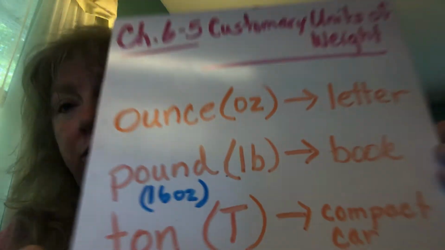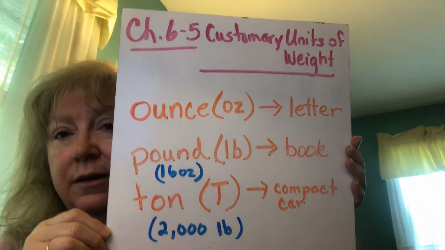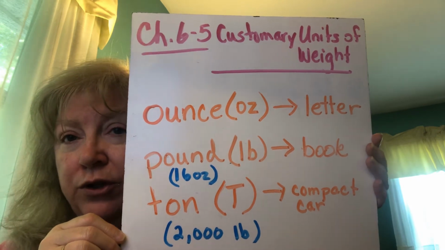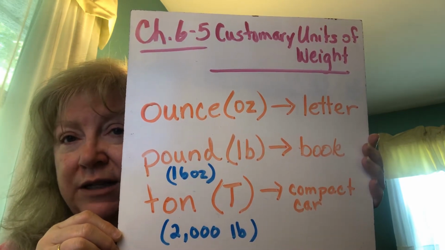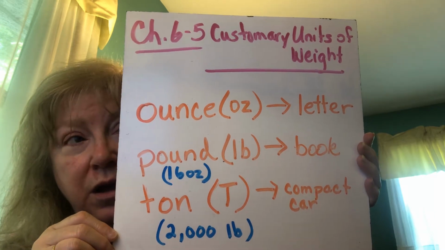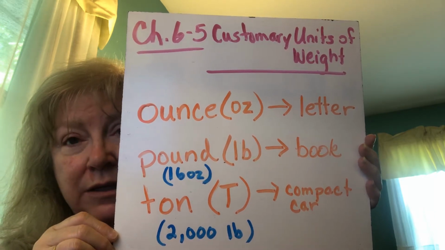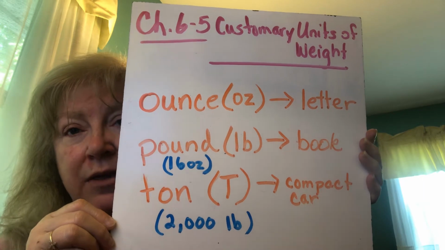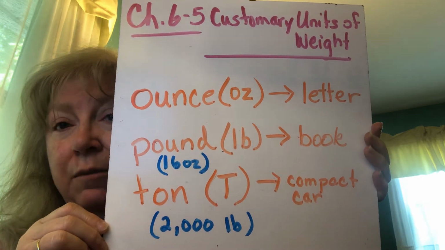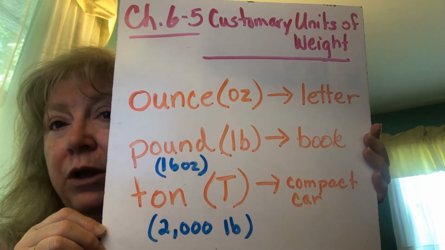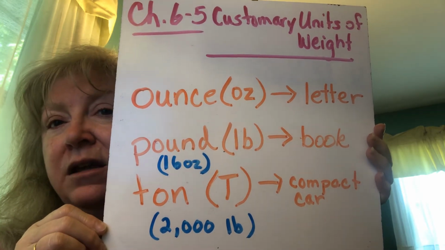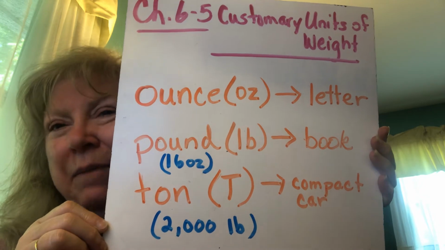Alrighty, so in your notebooks now, you're going to copy this chart down. I want you to pause the video. Put chapter 6-5, customary units of weight, skip a line. Then write the word ounce with the abbreviation OZ in parentheses. Remember, it's different than what we learned yesterday. A letter would be about an ounce.